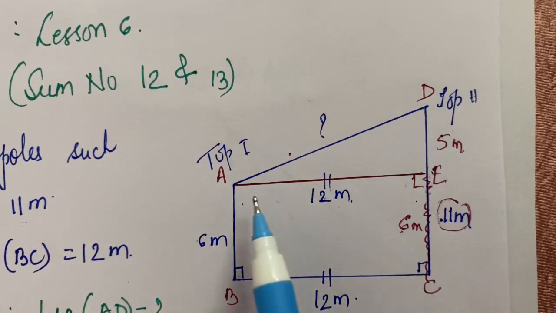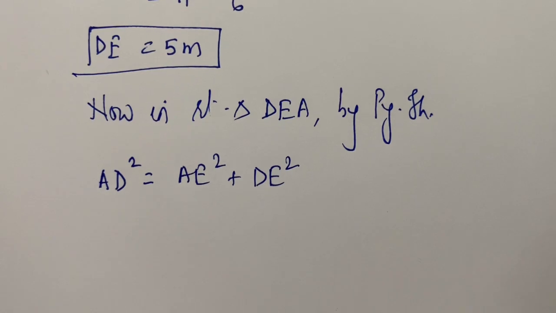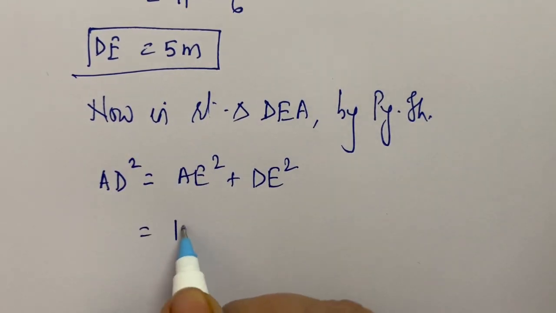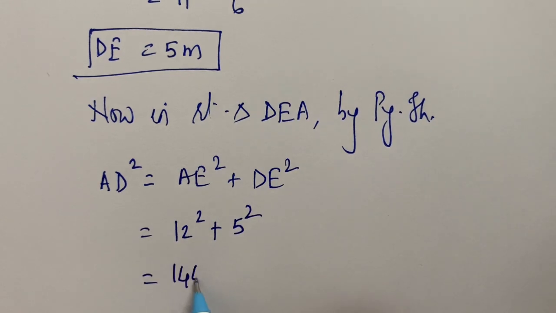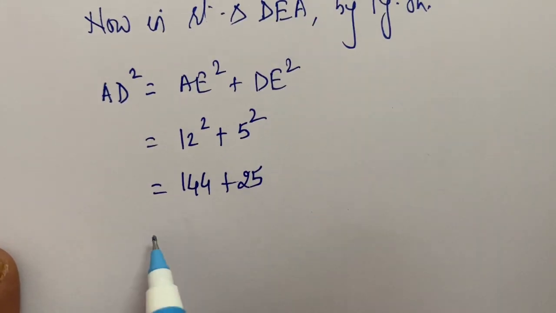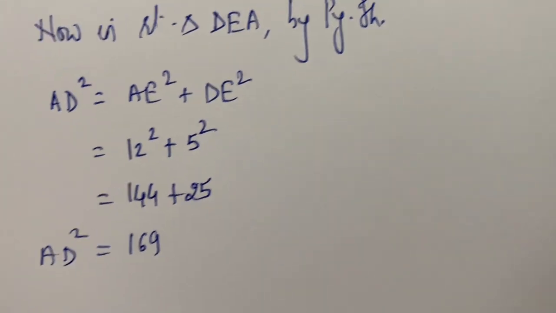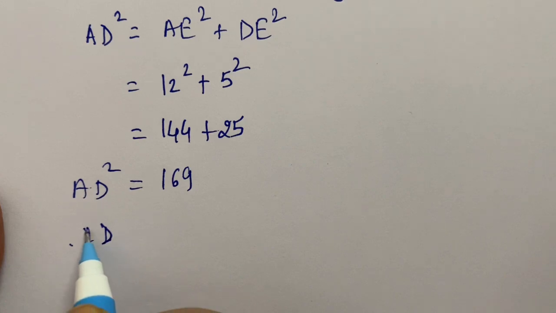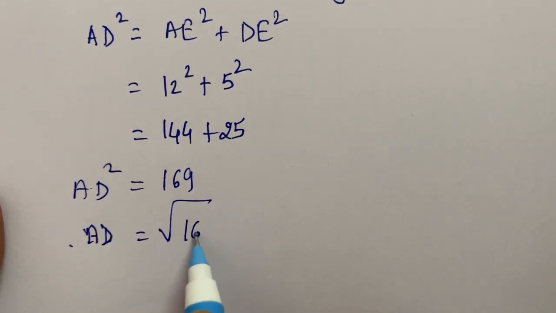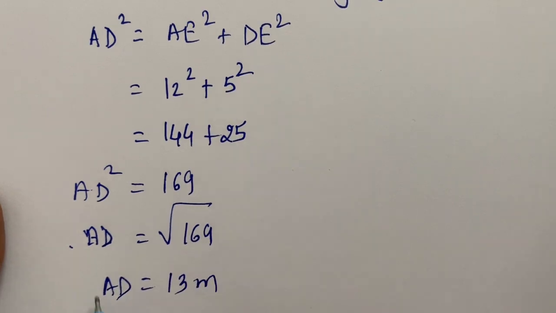AD square will be equal to AE square plus DE square. So that will give you 12 square plus 5 square. Square of 12 is 144 and that of 5 is 25. So here you get 169 as AD square. So therefore how much will be your length AD? AD will be equal to square root of 169. That means AD is equal to 13 meter.